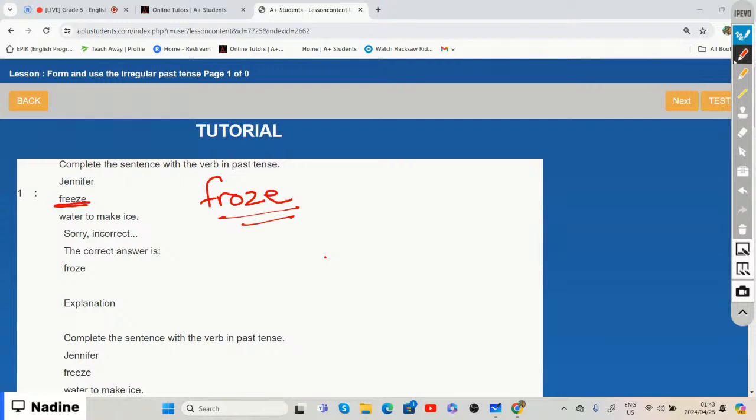So freeze to froze. Yes, well done. Froze is correct.